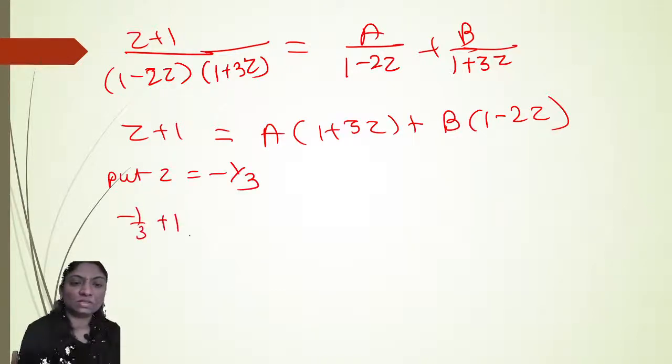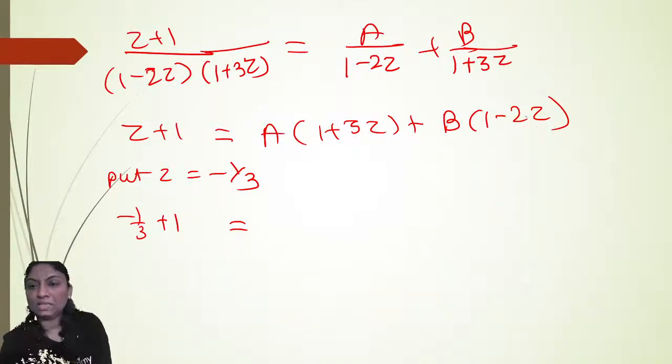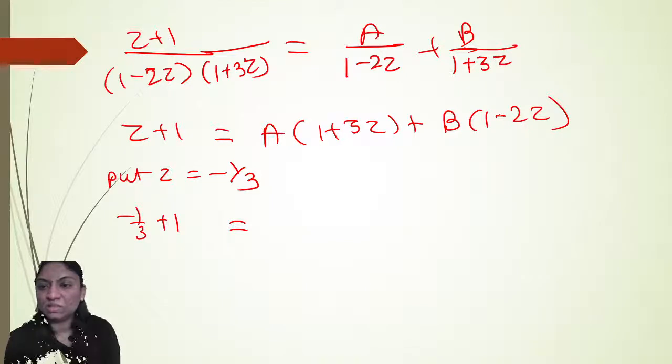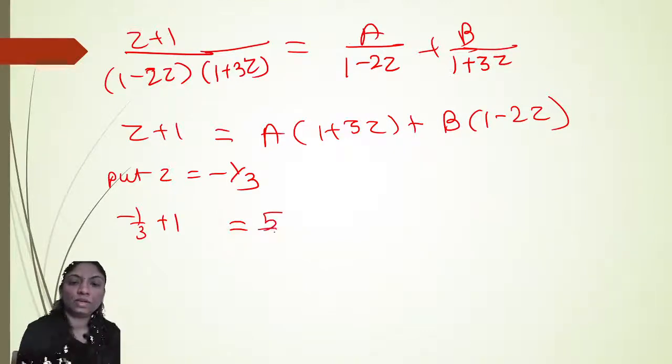Minus 1 by 3 plus 1 is equal to, the a term will become 0, and b into (1 plus 2 by 3), it means 5 by 3 b, right? Minus 1 by 3 plus 1 is 2 by 3, right?